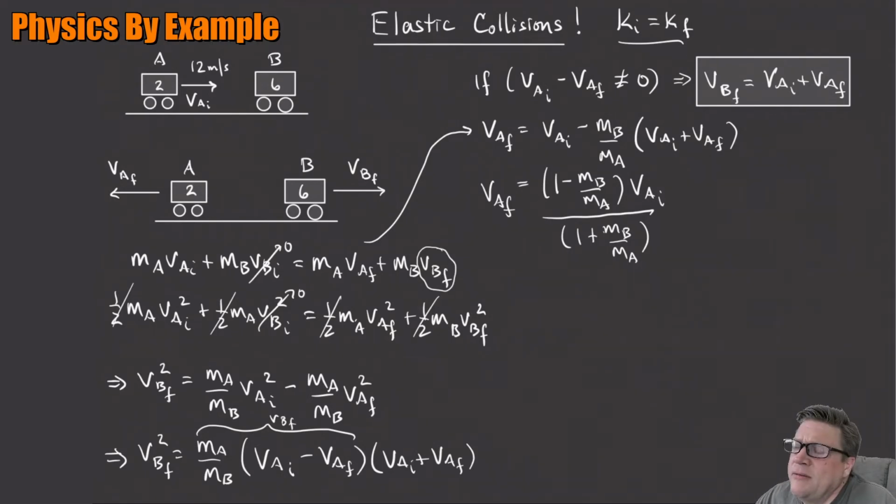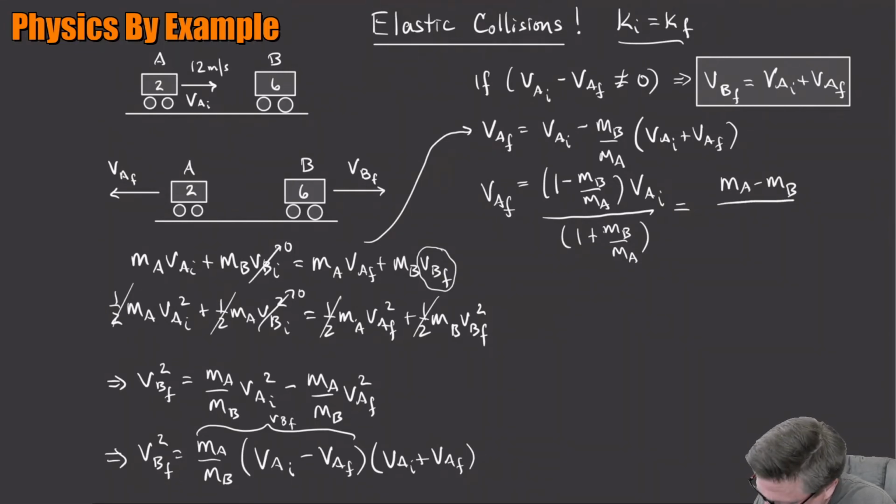That's a little bit cumbersome to use. Instead of a 1 on the top and the bottom, let's use that 1 as MA over MA, right? This is just going to become MA minus MB.